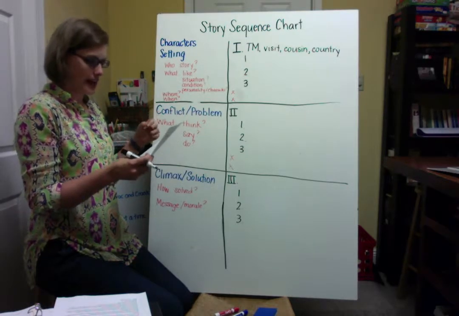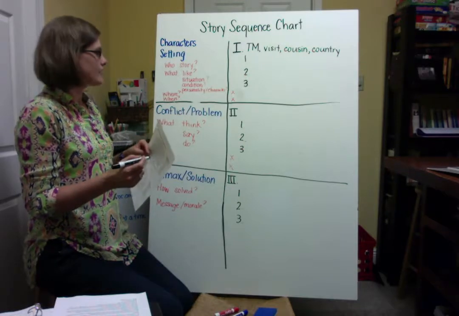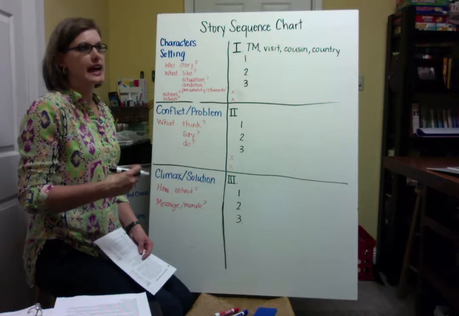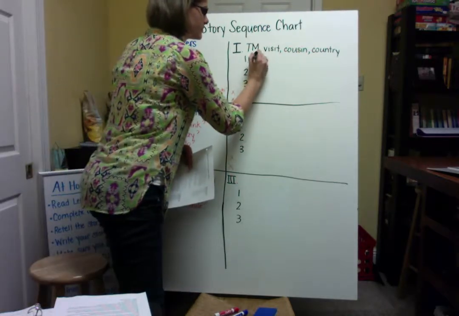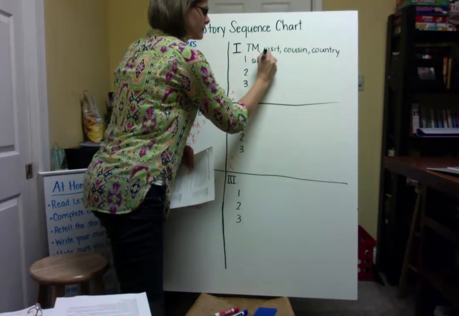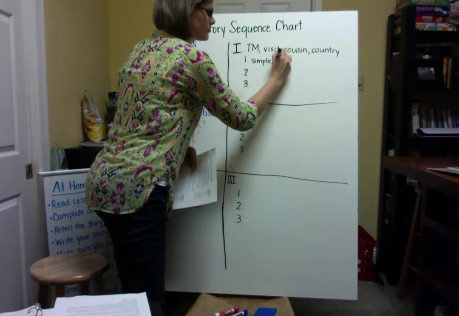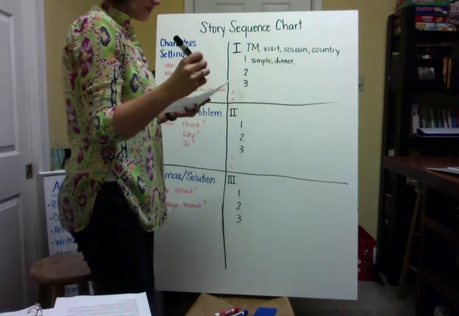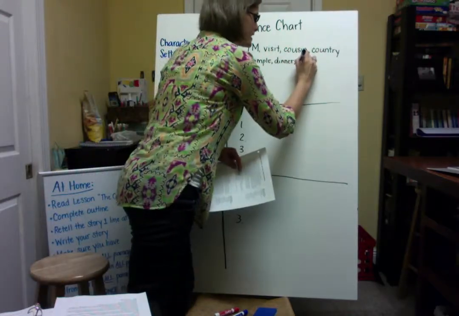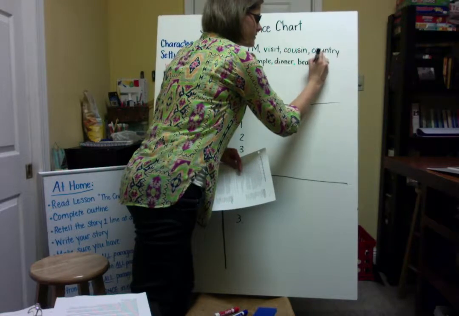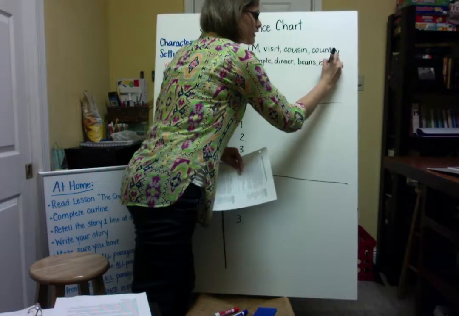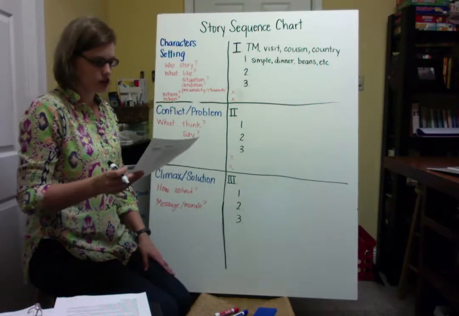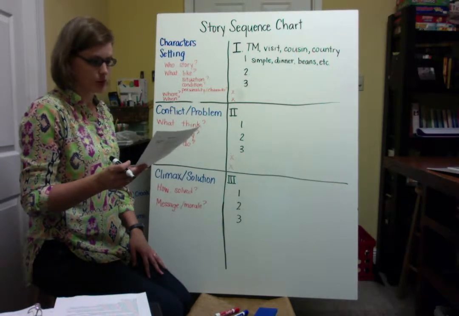We know that the country mouse has offered the town mouse a simple dinner of beans, and I said etc. because it's beans and bacon, cheddar or cheese and bread.